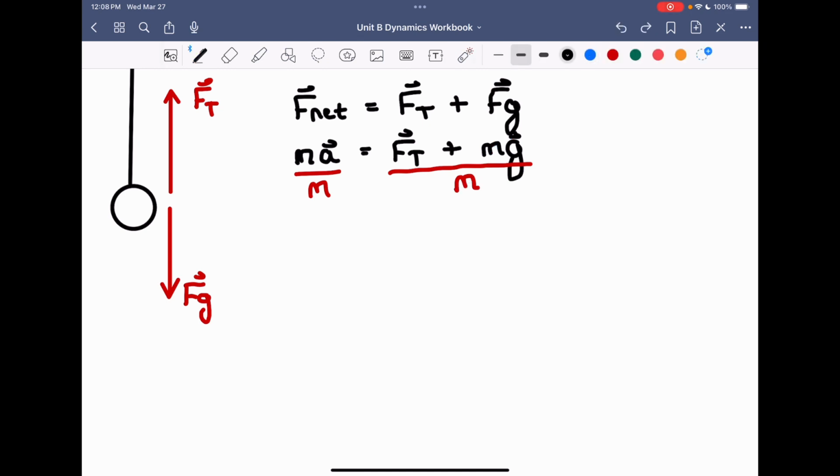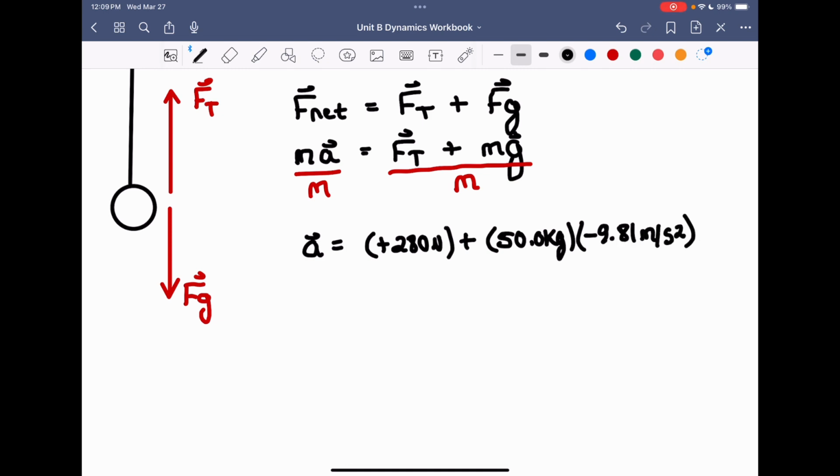So I'm going to take these blue hashes back. We're going to look at this and say, okay, therefore the acceleration is equal to the Ft, in this case positive 280. They said it was an applied force in the upwards direction of 280, plus our mass times gravity, which is 50.0 kilograms multiplied by negative 9.81, because we know that gravity is directional, and then divided by the mass, which was 50 kilograms.